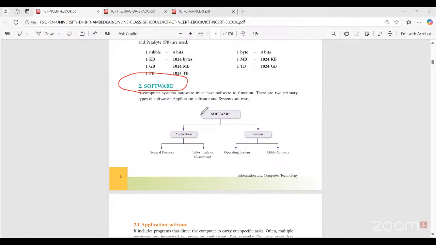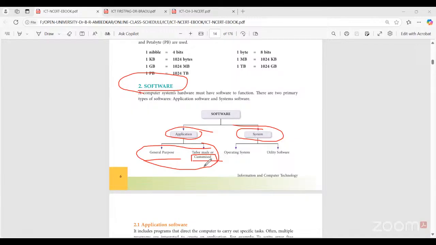So software is divided into two parts, application software and system software. Application software again has two parts, general purpose application software and customized application software. Customized means we have the choice of how to install that kind of application in our computer.